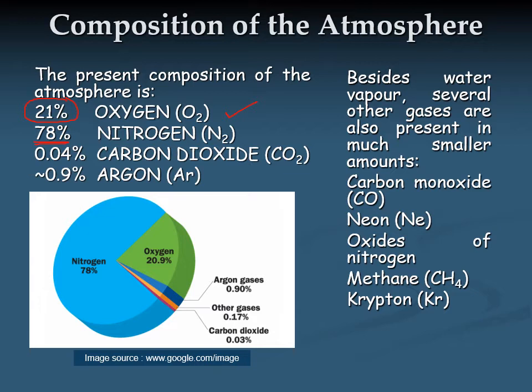When ultraviolet ray falls on the water vapor, the H2O molecule is divided into two parts: one is hydrogen, another is oxygen.